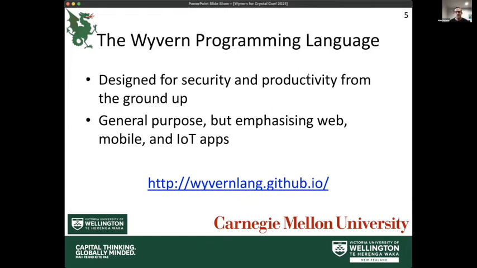Because we're researchers, we can afford to design a language in a way that we see fit, rather than necessarily to make money or make products. It's more of a thought experiment with implementation. It's a general purpose language. We emphasize web and mobile as the usual modern world. And you can actually download and use it in the state that it is currently in.